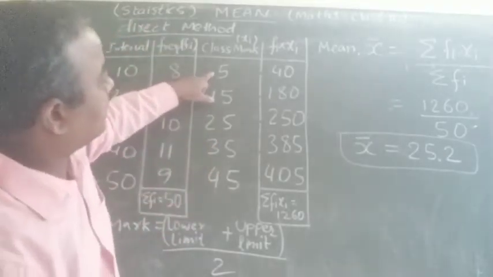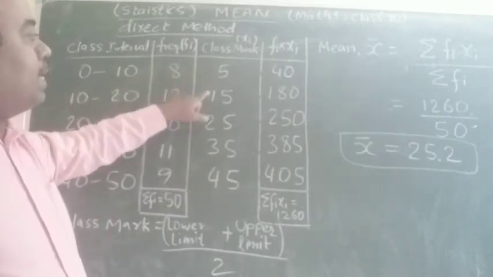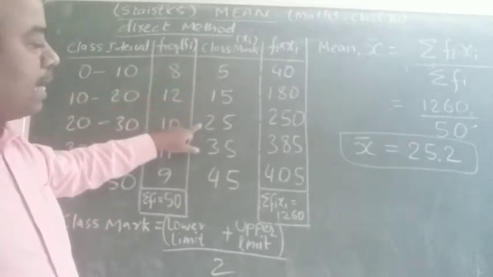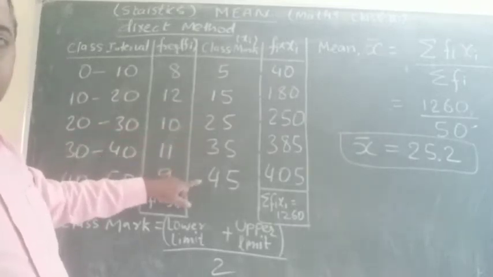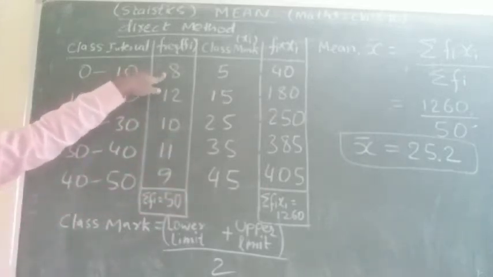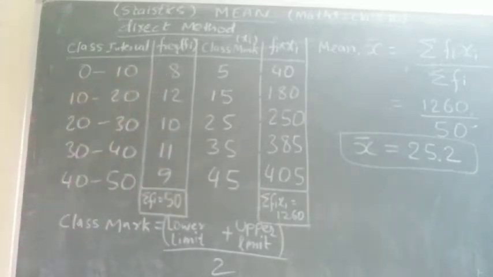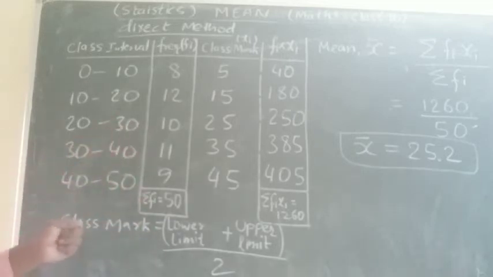The first class mark is shown by x1, second class mark x2, third class mark x3, fourth class mark x4, fifth class mark x5. First frequency f1, second frequency f2, third frequency f3, fourth frequency f4, and fifth frequency f5.